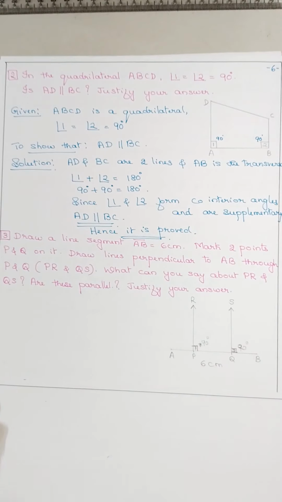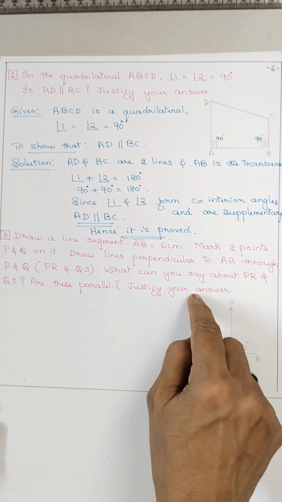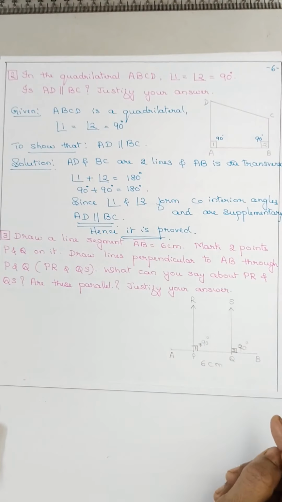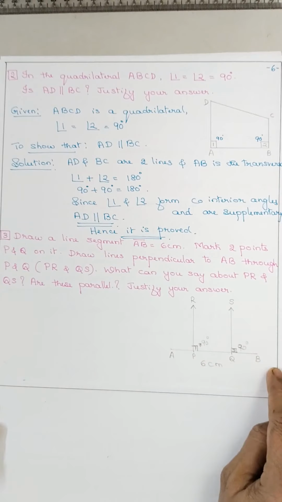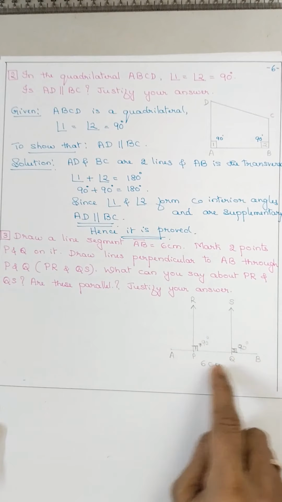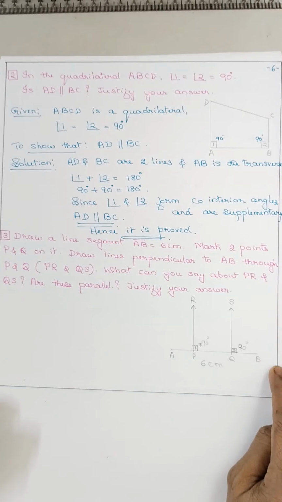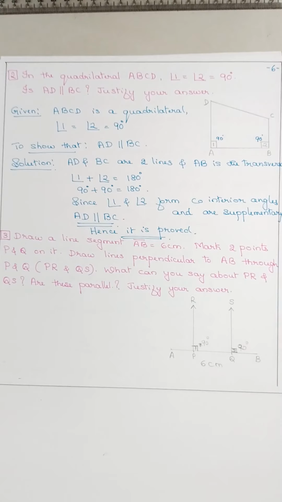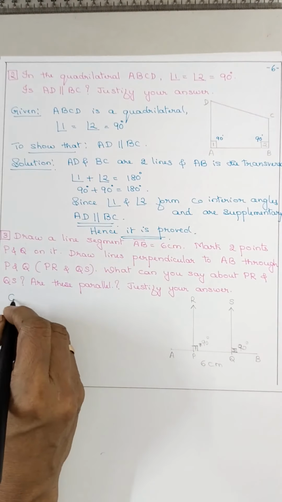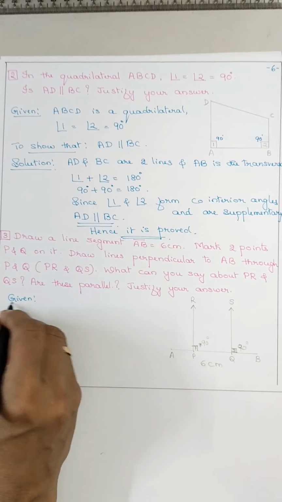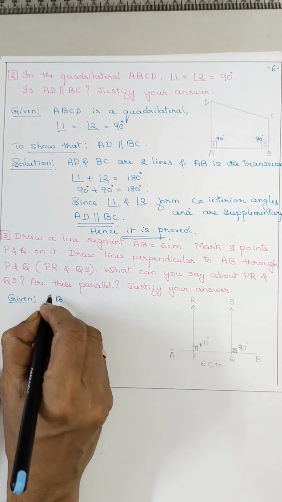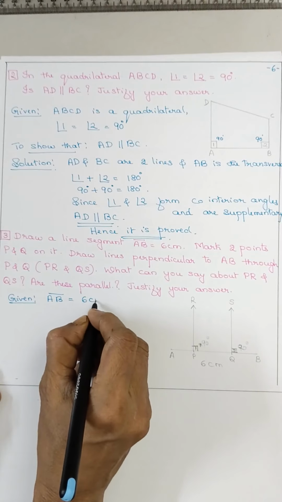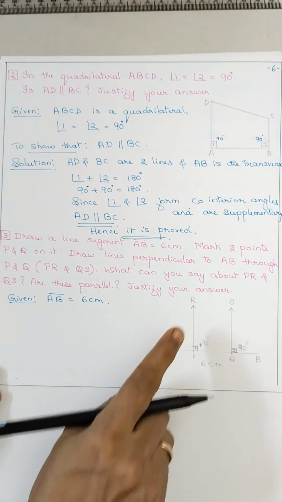So what can you say about PR and QS? PR is perpendicular to AB. QS is perpendicular to AB. Are they parallel? They have asked. So first you will write given: AB line segment is equal to 6 centimeters.